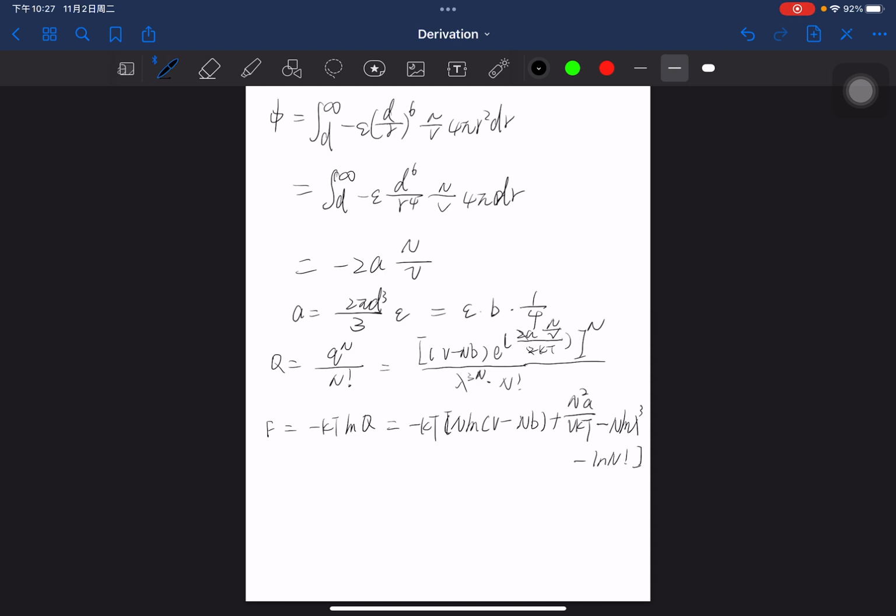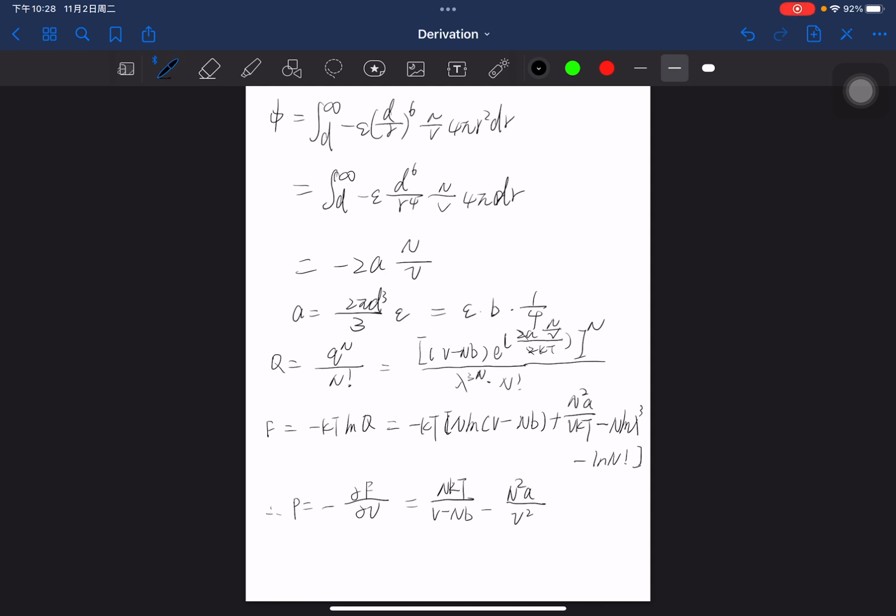From the Legendre transformation, we know the pressure is equal to negative partial F partial V, and in this case we get NkT divided by (V minus Nb) minus N squared times a divided by V squared.